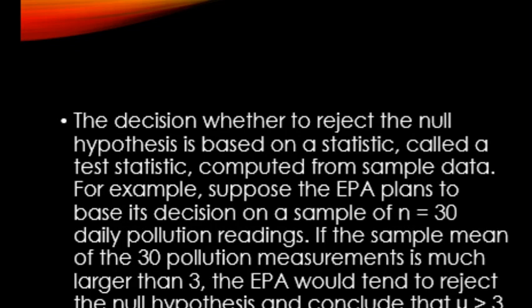Depending on what your parameter is, in this case the parameter is mu, H0: mu is equal to 3 and HA: mu is greater than 3. The rule that we follow is H0 is always with the equal sign. That's the value that we are comparing our sample value with. And HA is the alternative hypothesis. It can be with a greater than sign, less than sign, or a not equal sign.